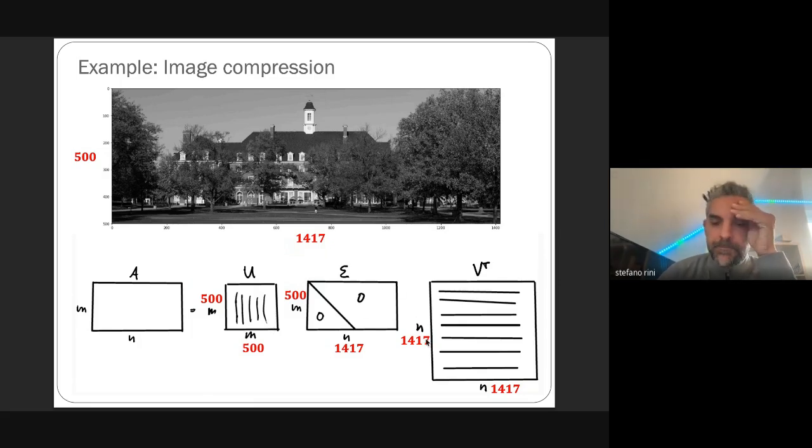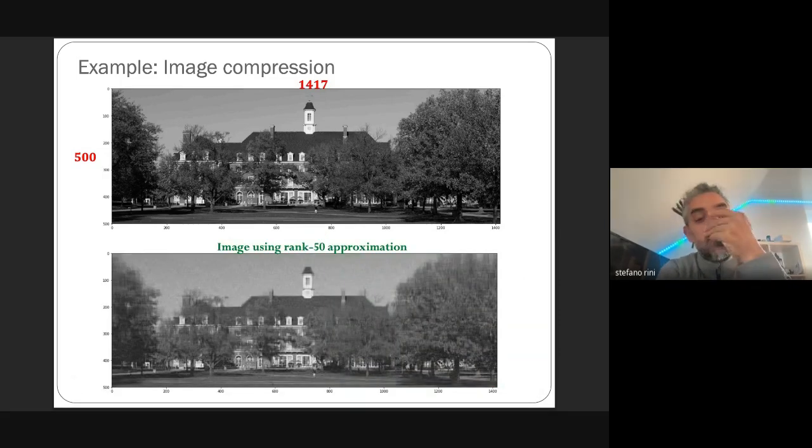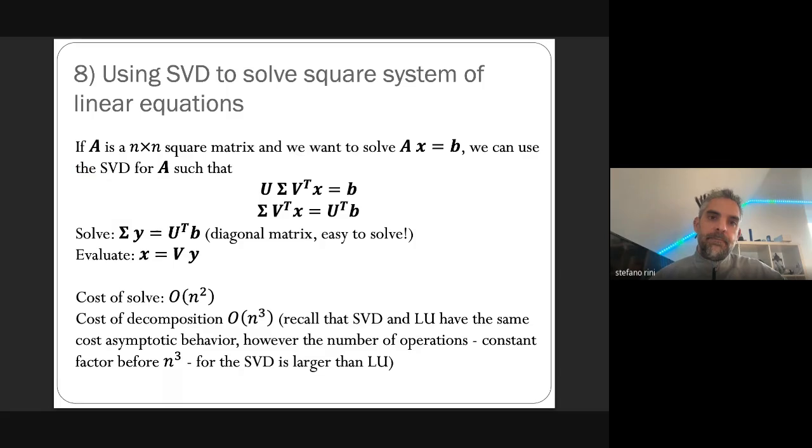Then what we want to do is throw away the rest and just keep the top 50 singular values, 50 dimensions, and you see that this effectively created a very good approximation of the matrix. The error is small, in the sense that the 2-norm of the error matrix is pretty small. Very good.